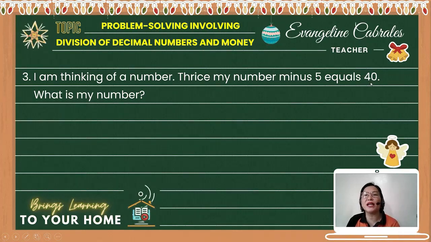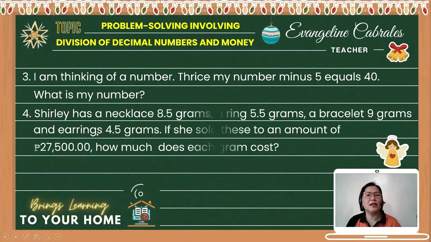So you will begin at the answer. 40 plus 5 is 45. 45 divided by 3. Diba? So you will arrive at the number that you have to think of. Okay? So, anong klase uli ito ng problem? Multi-step, non-routine. Okay, let's proceed to the last problem.